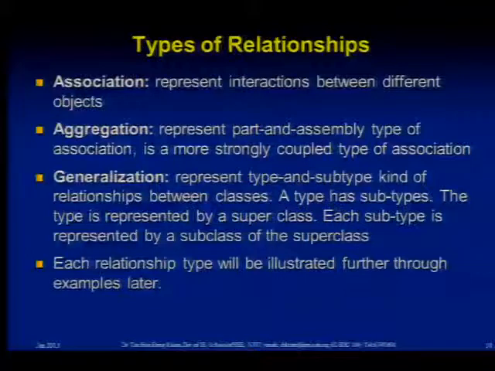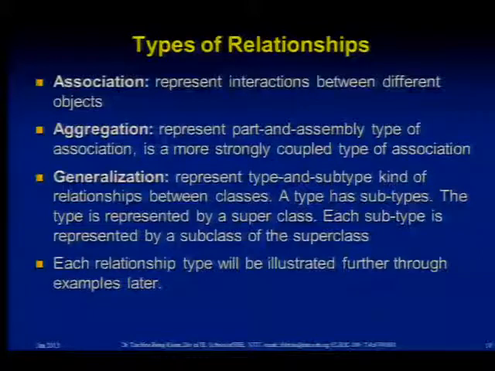From this slide onward, we are going to proceed to discuss the relationship type. In class diagram techniques, relationship types can be classified into three types. First, association. Association is to represent general interaction between different things.